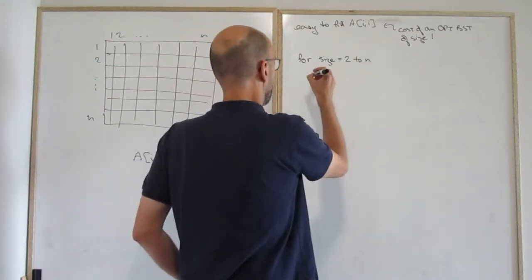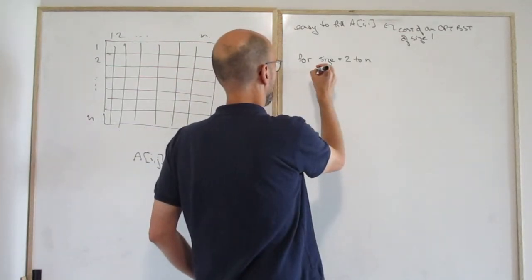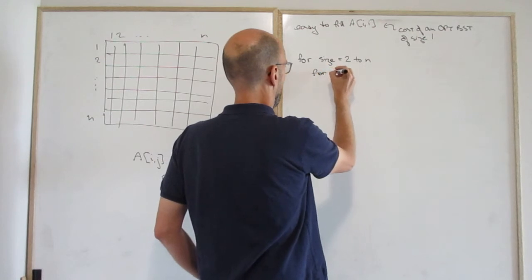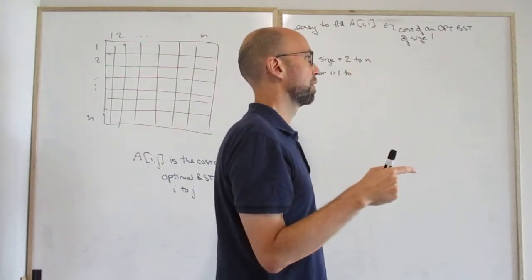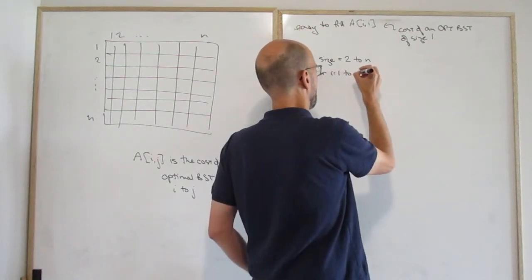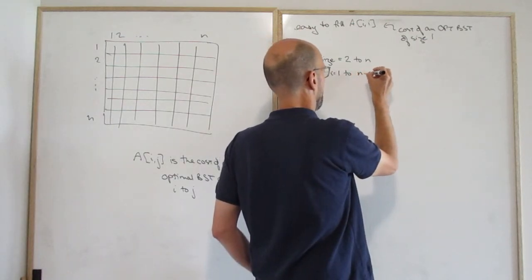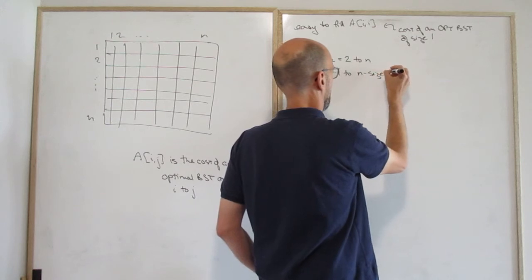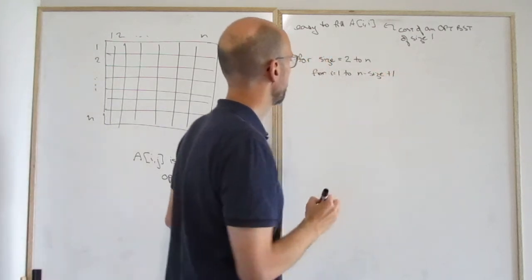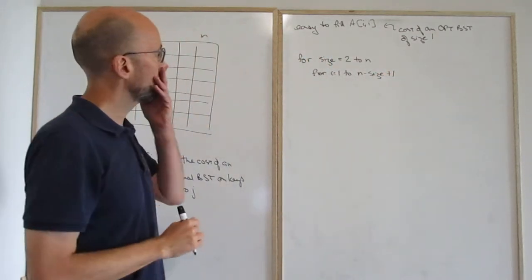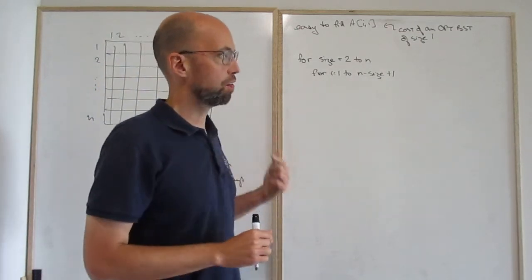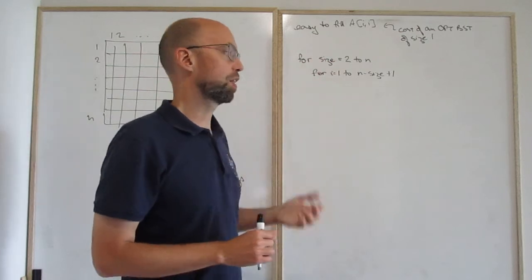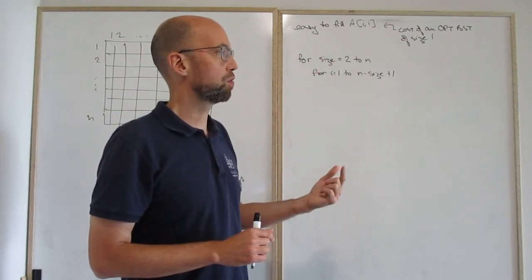So this goes for size, for i equals 1 to n minus size plus 1, I think, right? Because if size is 2, you want it to go to n minus 1.